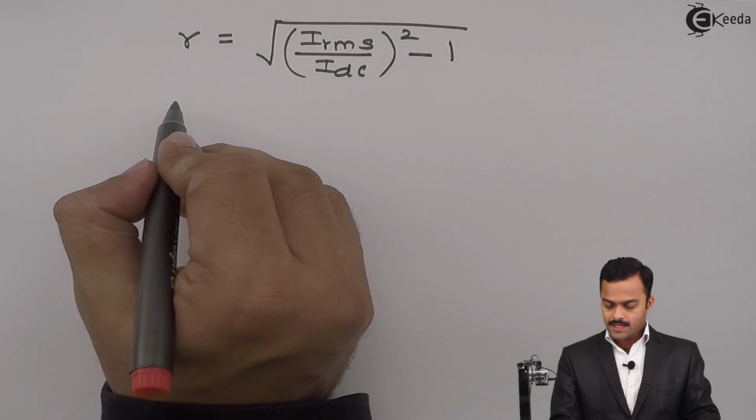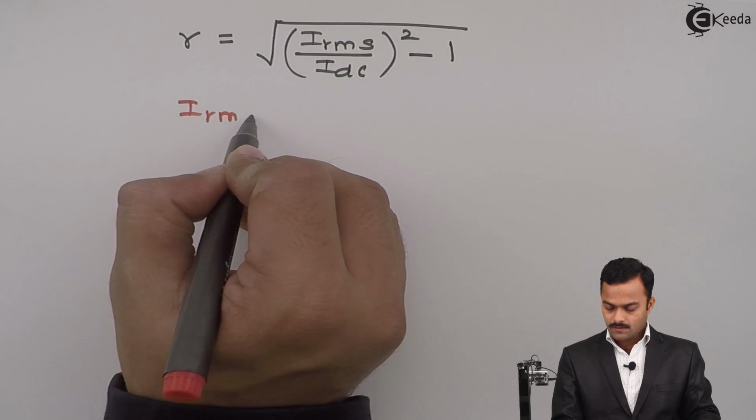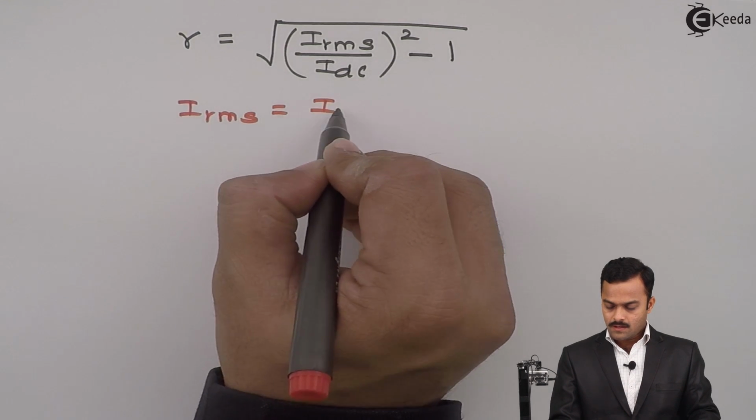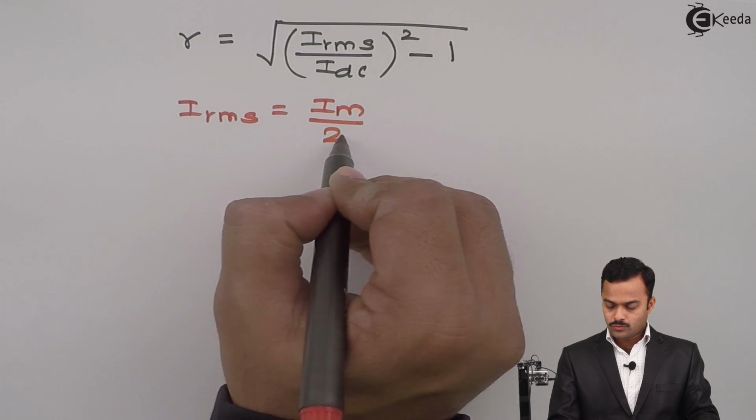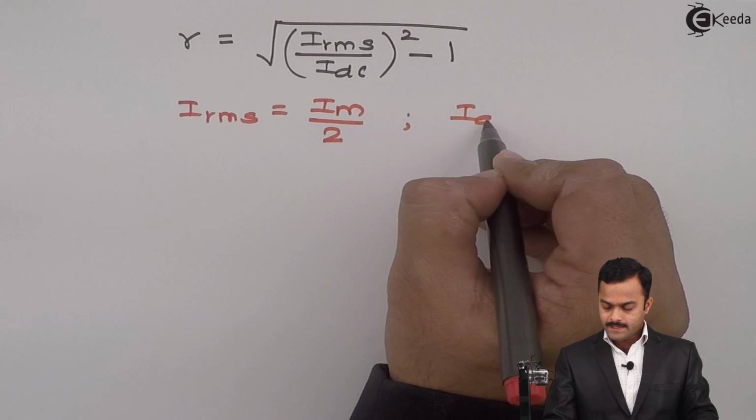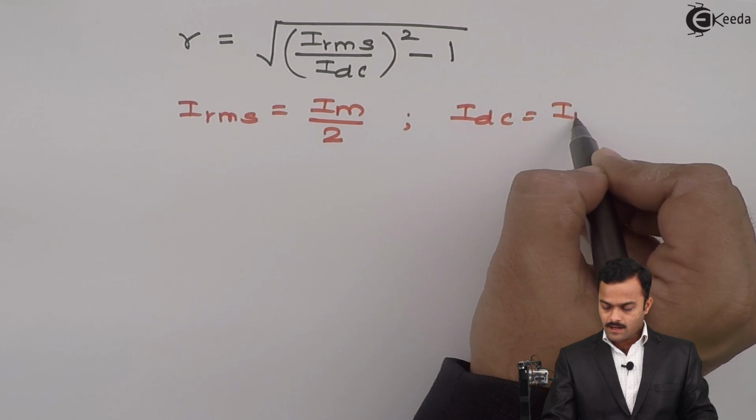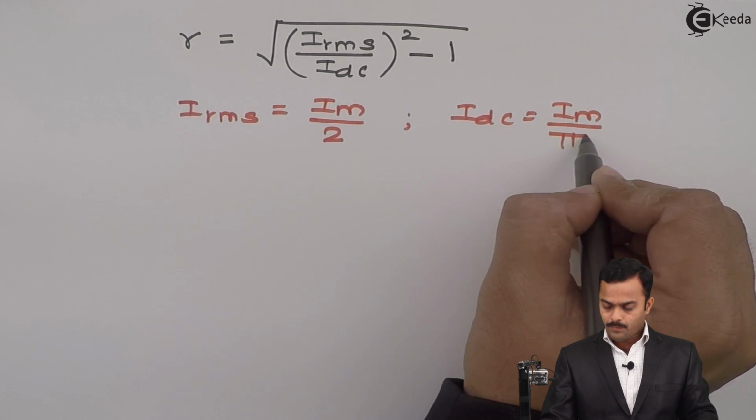We know IRMS is Im upon 2 and IDC is Im upon pi.